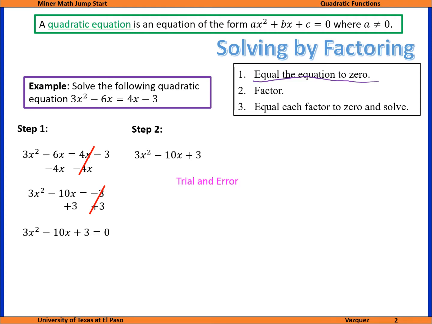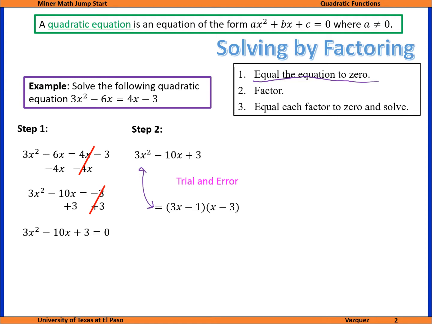We use trial and error to factor it. We want to factor it into 2 binomials in parentheses. That's going to equal 3x minus 1 times x minus 3. And if you want, you can multiply those out and verify that indeed these 2 are equal to each other.